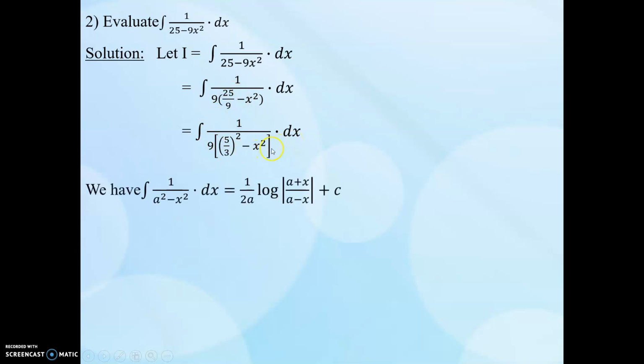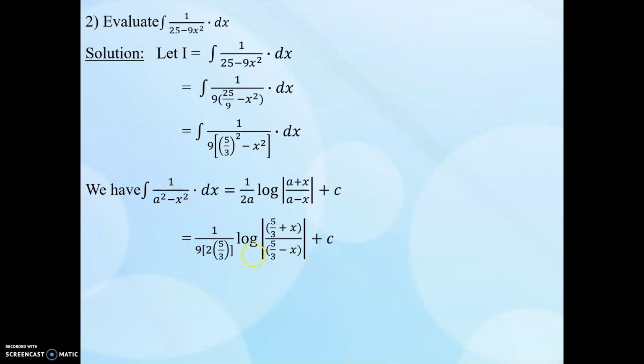This is in the format of integral 1 upon a square minus x square dx, that's equal to 1 upon 2a log mod a plus x upon a minus x plus c. That's equal to 1 upon 9 into 2 into 5 upon 3 log mod 5 upon 3 plus x upon 5 upon 3 minus x plus c.